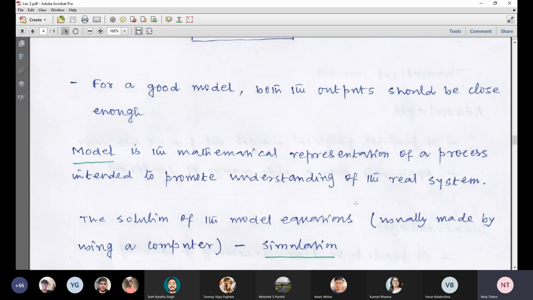And for chemical processes, this model consists of a couple of equations. Even a combination of differential equations and algebraic equations are there.